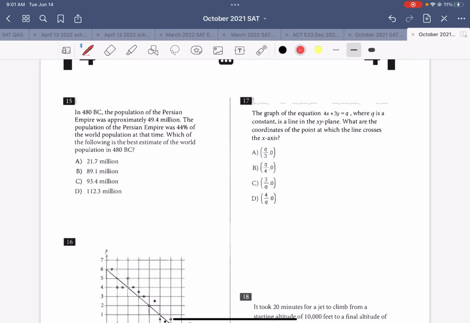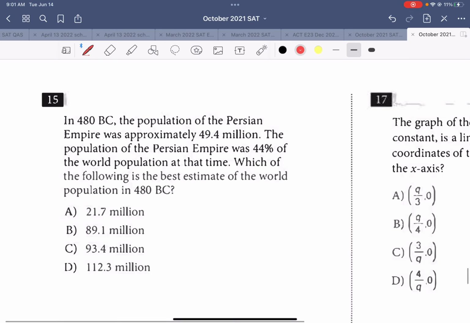Now next one, number 15. In 480 BC, the population of the Persian Empire was approximately 49.4 million. The population of the Persian Empire was 44% of the world population at that time. Which of the following is the best estimate of the world population in 480 BC? 44% is 0.44 in decimal, times X, let's say X represents the world population at that time.